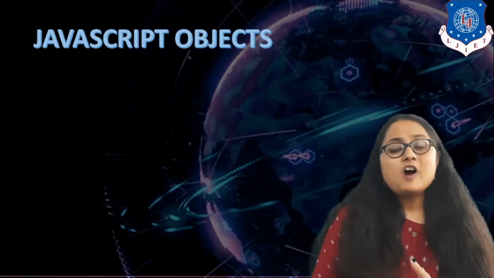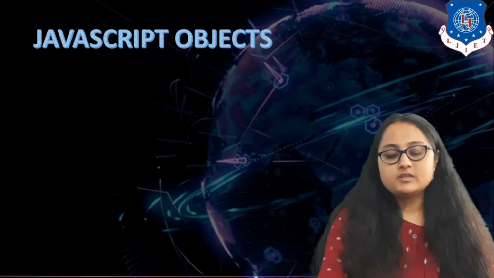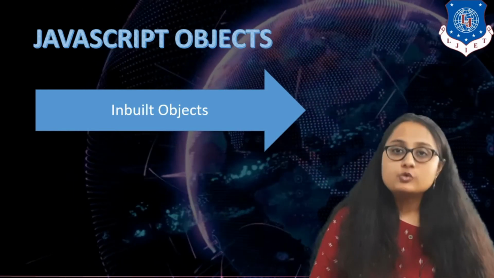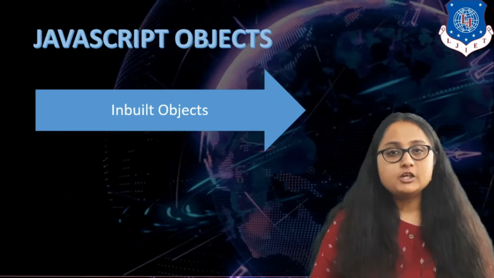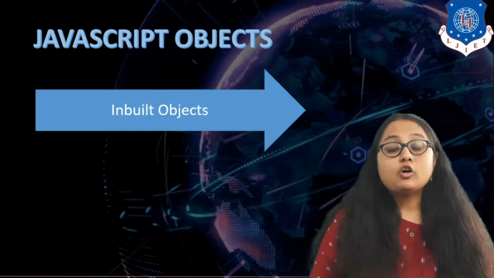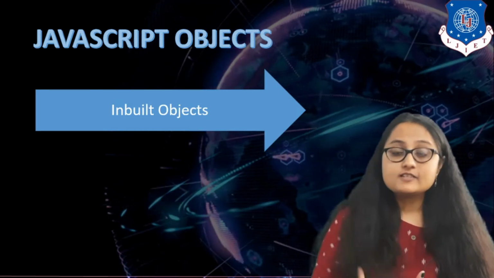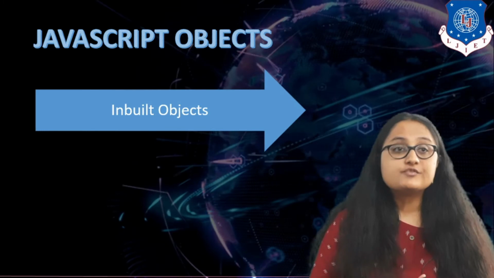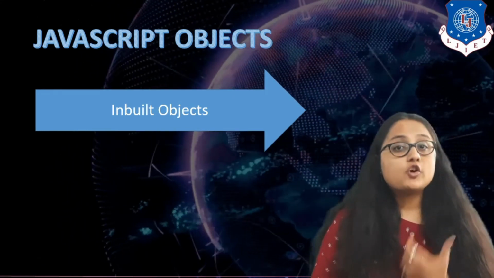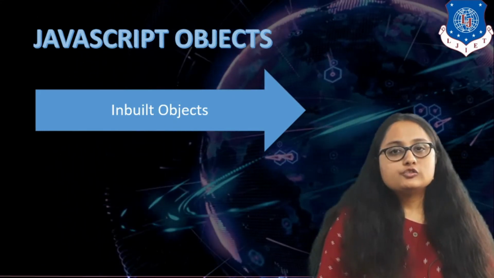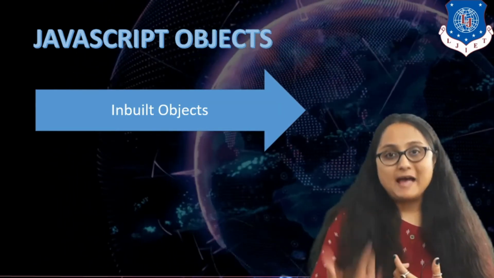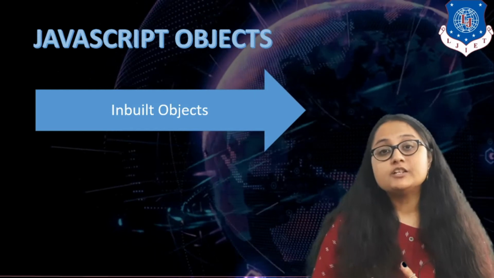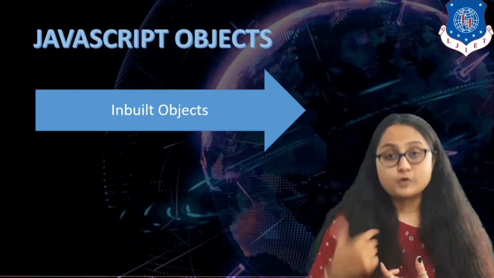Now how many types of objects are possible in JavaScript? Basically there are two types of objects. The first is the inbuilt object. Inbuilt objects are objects which already have some properties and methods which you can directly access. For example, the Math object has inbuilt methods as well as properties.